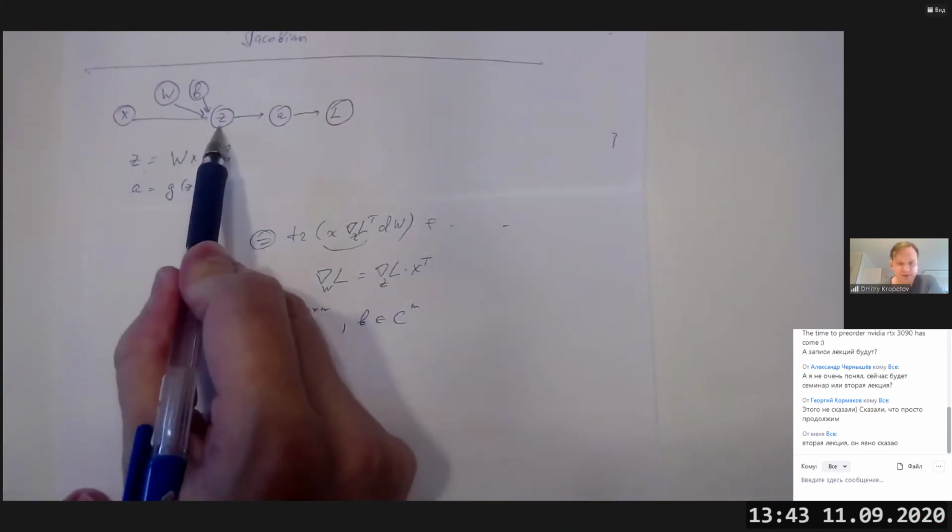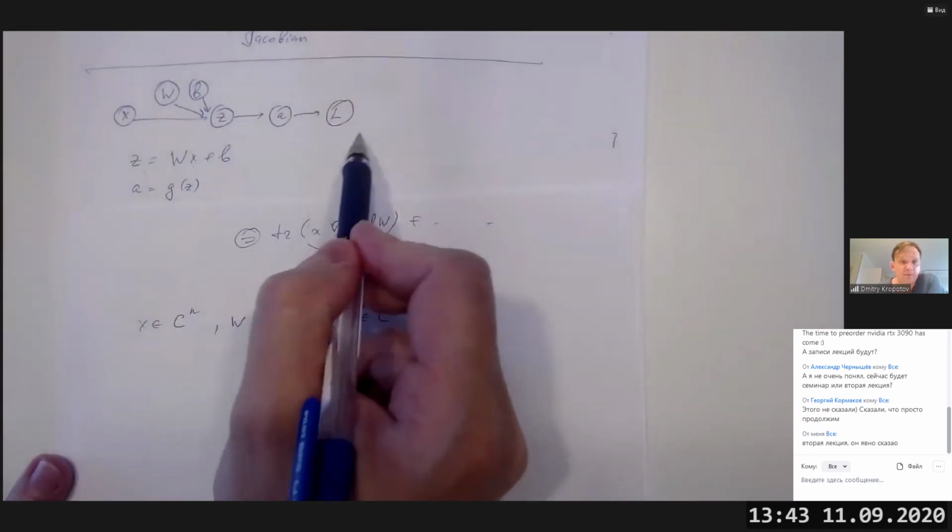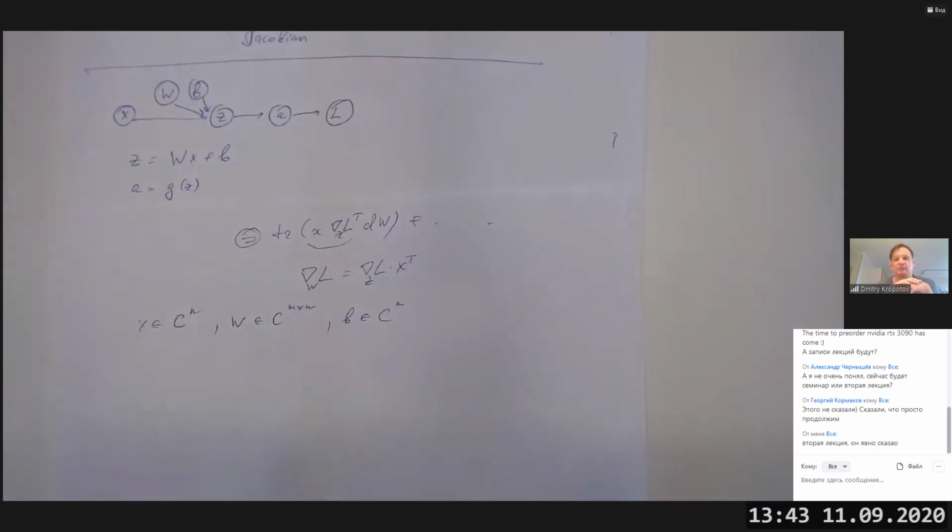And so this Z would be a complex number, and here are some transformations that go from complex numbers to a real valued loss function. And you need to do the same thing. You need to do a backward propagation for calculating the gradient in your neural network.